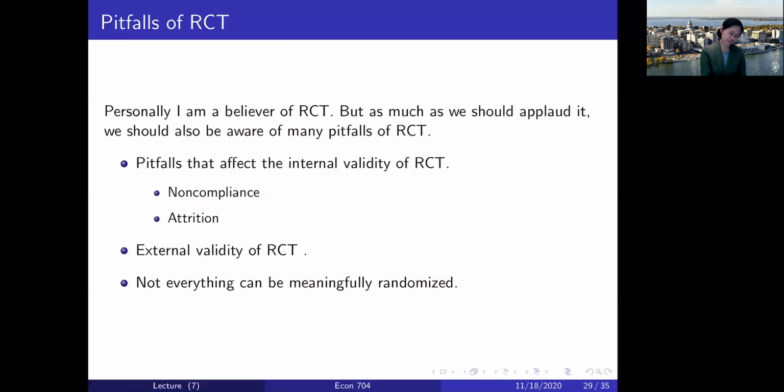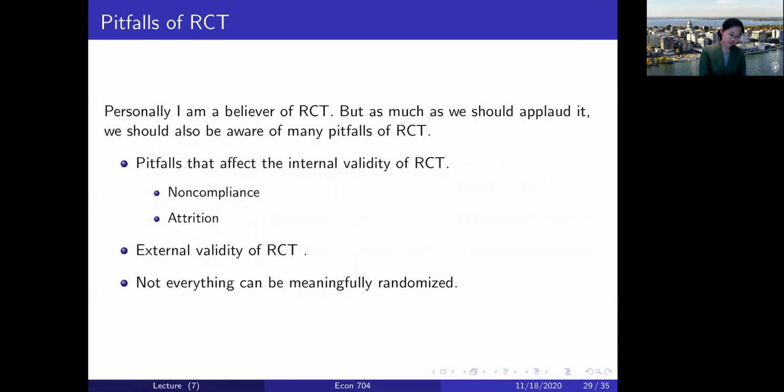So some issues can threaten that internal validity, like non-compliance and attrition. We'll talk about those in detail a little bit later. Internal validity is kind of easier to guarantee if you administer the experiments very carefully.